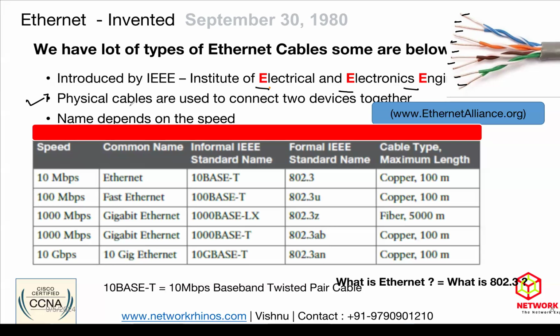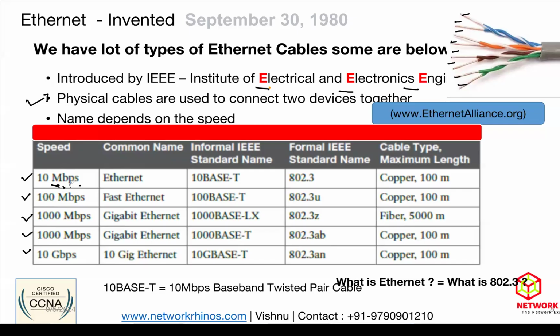Now, Ethernet cable comes in different ranges and speeds. We have 10 Mbps, 100 Mbps, 1000 Mbps, and then 10 Gbps. See this carefully: M is caps, b is small, p is small, s is small.